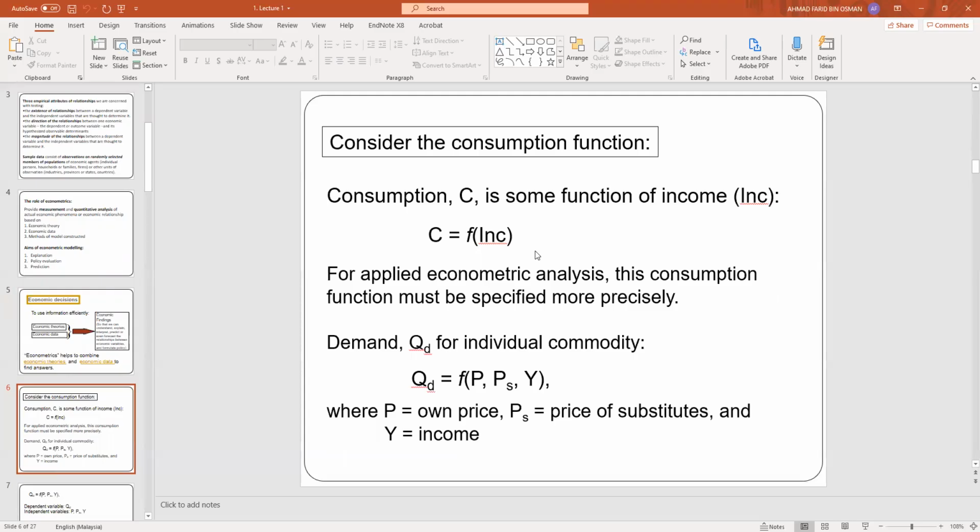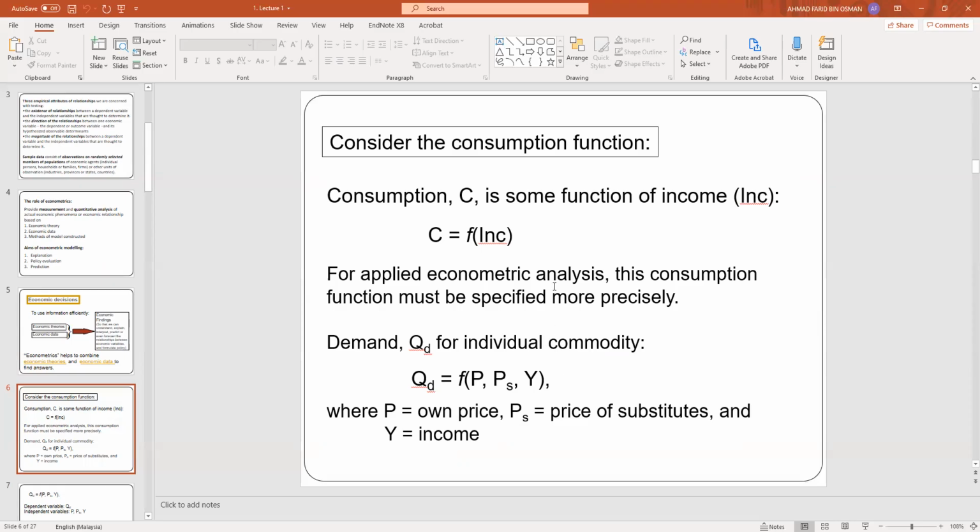Let's say our dependent variable is demand for an individual commodity. So we need to specify all the important factors affecting the demand. So the demand is a function of P, PS, and Y. P is the own price of that product or commodity, and then PS is the price of substitute items, and then Y is income.